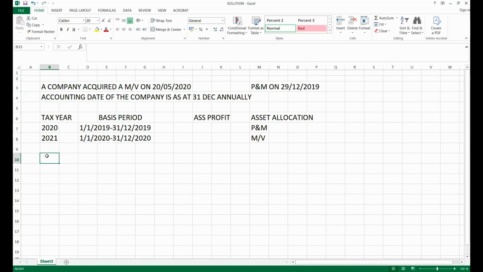It is also possible that you are given a question having the three scenarios. I told you that you can have a question that is going to have commencement, cessation, and change of accounting date.